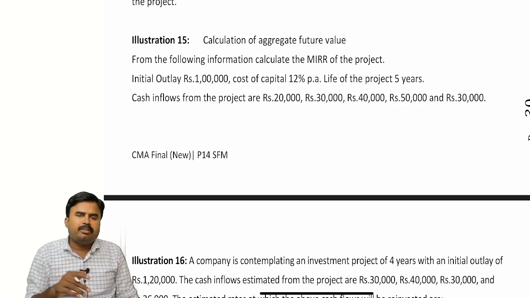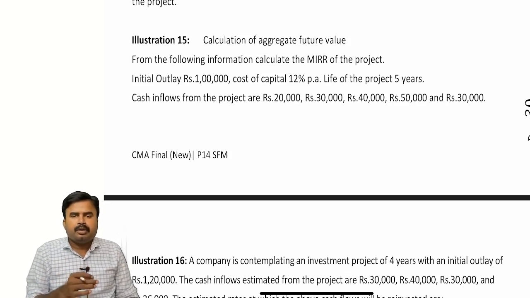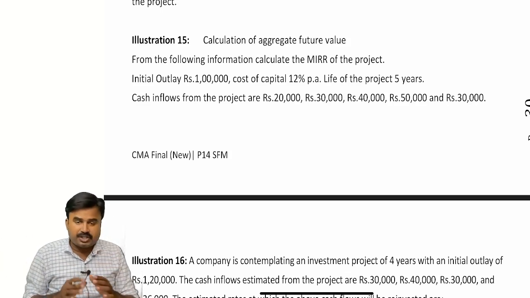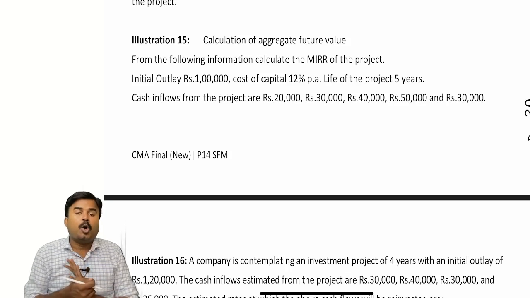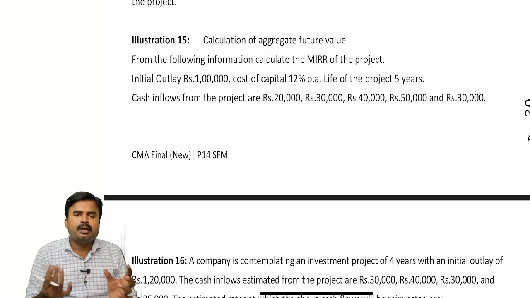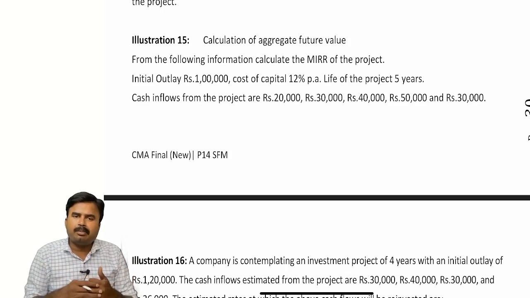Nth root of terminal value divided by initial investment minus 1, that is for conventional cash flows. So my first job is to calculate terminal value. How to calculate terminal value? Convert all the year's cash inflows into terminal year by using cost of capital as the available reinvestment rate. Once we get the terminal value, it is very easy for you to calculate modified IRR.